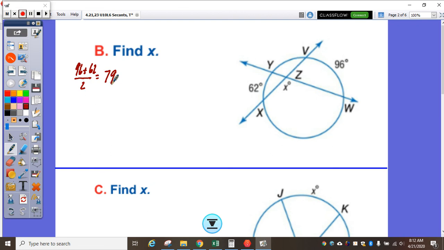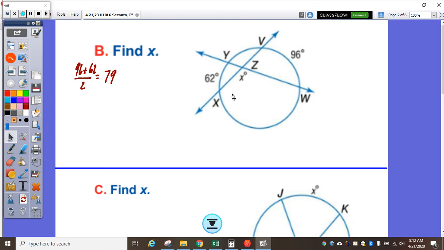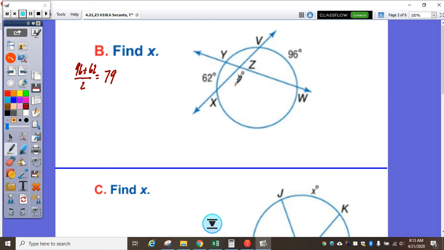So this angle measure right here is 79 degrees. Because this is a linear pair, that means that X is going to be 101.